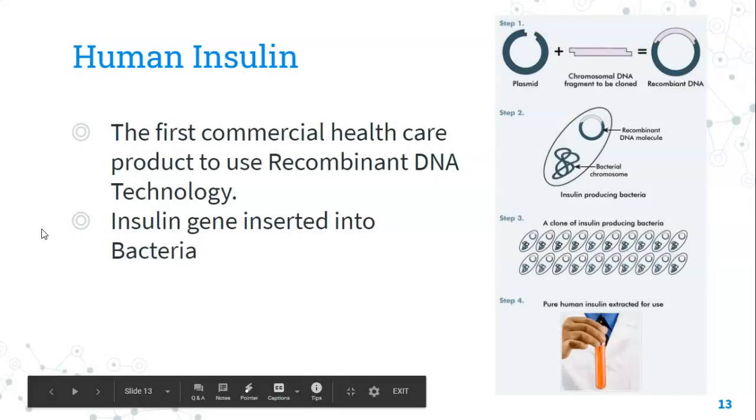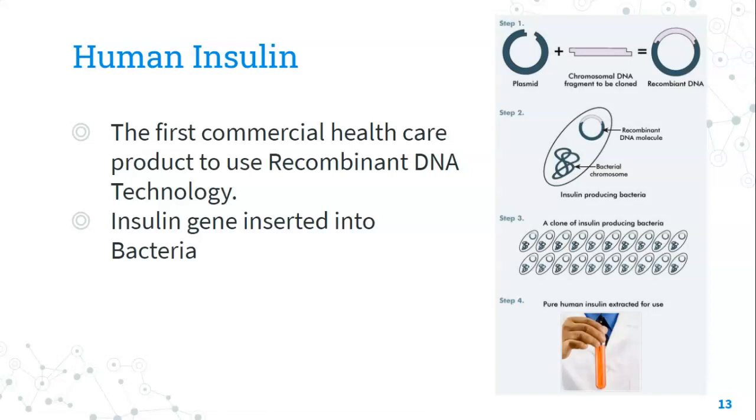So the first commercial healthcare product to use this technology is human insulin. The insulin gene was targeted, separated, and inserted into a plasmid. After that, that recombinant DNA was put back into the bacterial chromosome, and the bacteria were just left to reproduce.